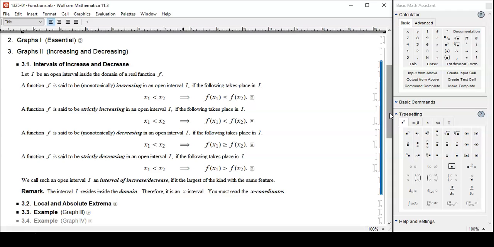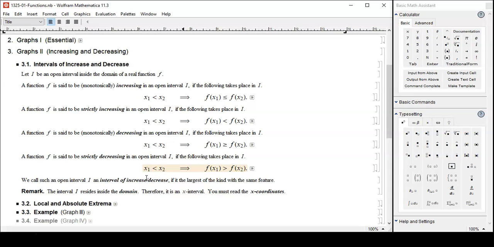Alright, anyway, let's begin. Here are the definitions of increasing versus decreasing functions. As x increases, the function value f of x increases, strictly increases, decreases, or strictly decreases. Remember, the left-hand side is all the same.